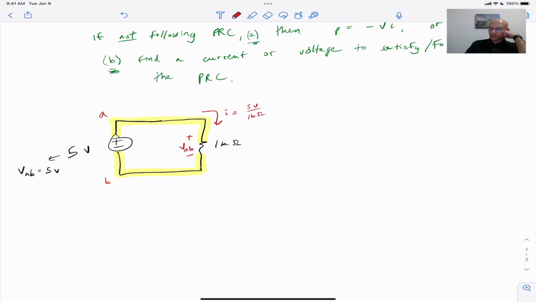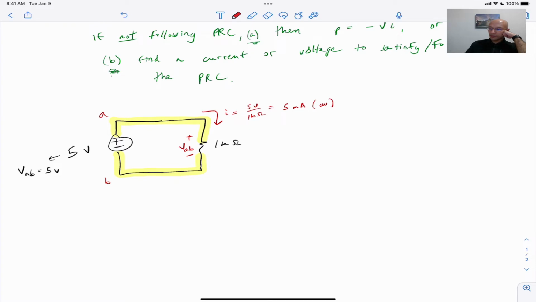Notice I'm being careful to use the passive reference convention. Again, I put that in another video, which I'll link in the description. But this works out to be 5 milliamps in the clockwise direction.